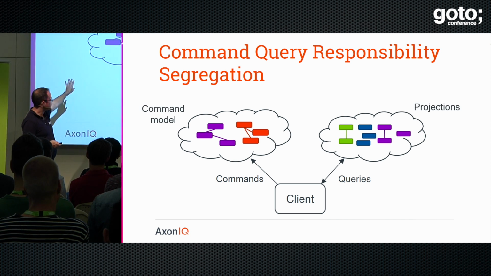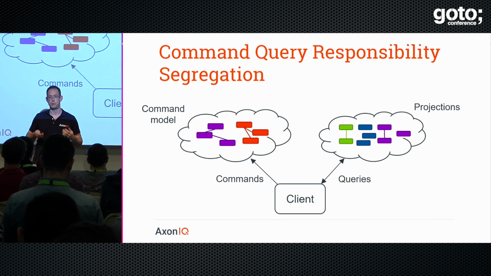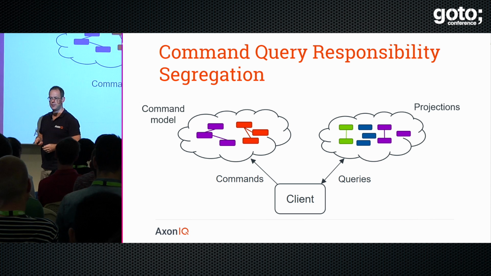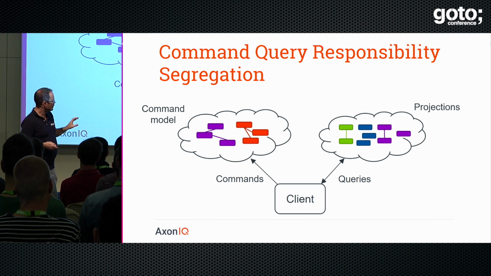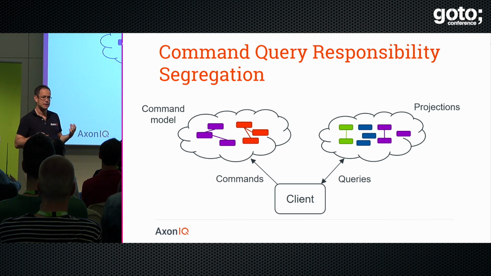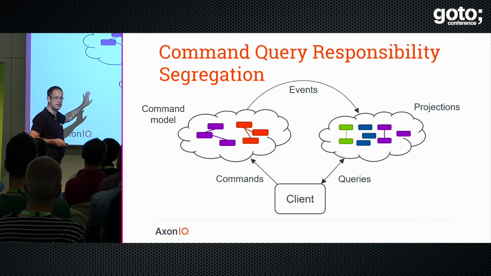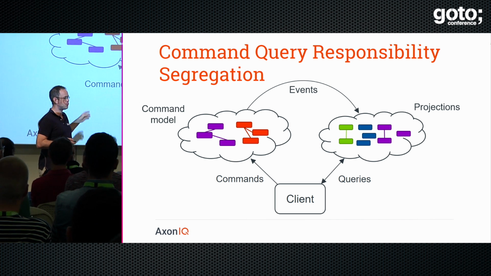This side of it is called a command model. Those sides are called a read model, or projections is a term you would often find in the literature about this. Now, of course, this can only work if the projections are up to date with the state of the command model, which means that there's a third component here, and those are the events. So whenever commands lead to a change in the command model, they will raise an event.